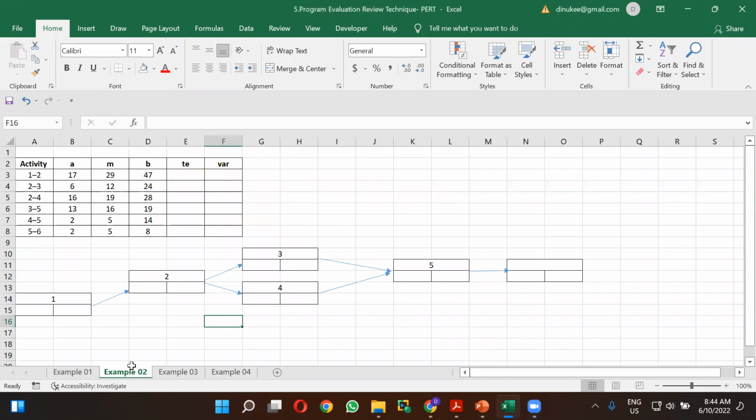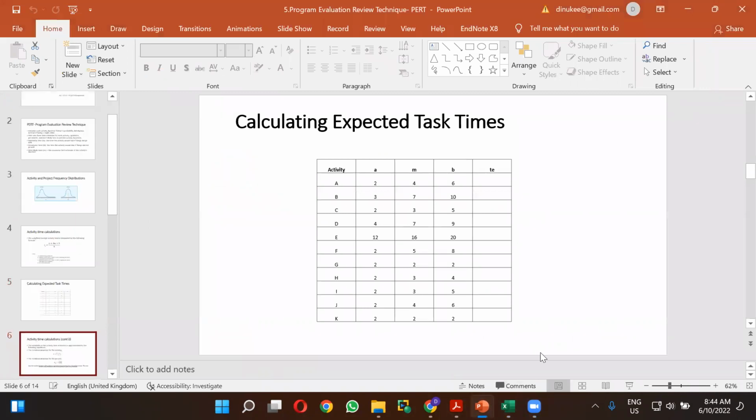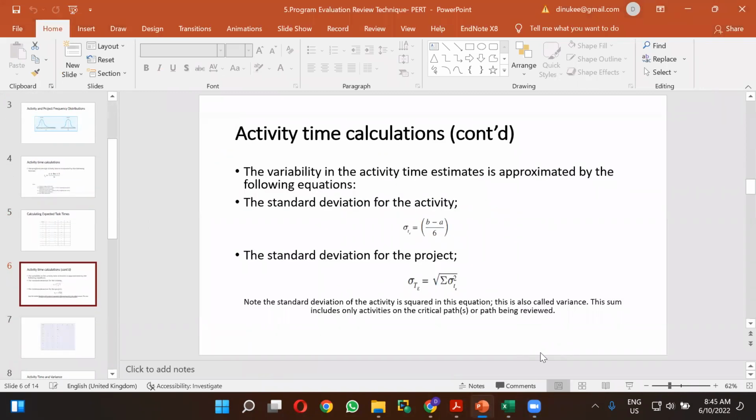It is a little bit different. So example number 2. In the PPT it is mentioned that the standard deviation of the activities squared in this equation is also called variance. This sum includes only activities on the critical path or path being reviewed, right?